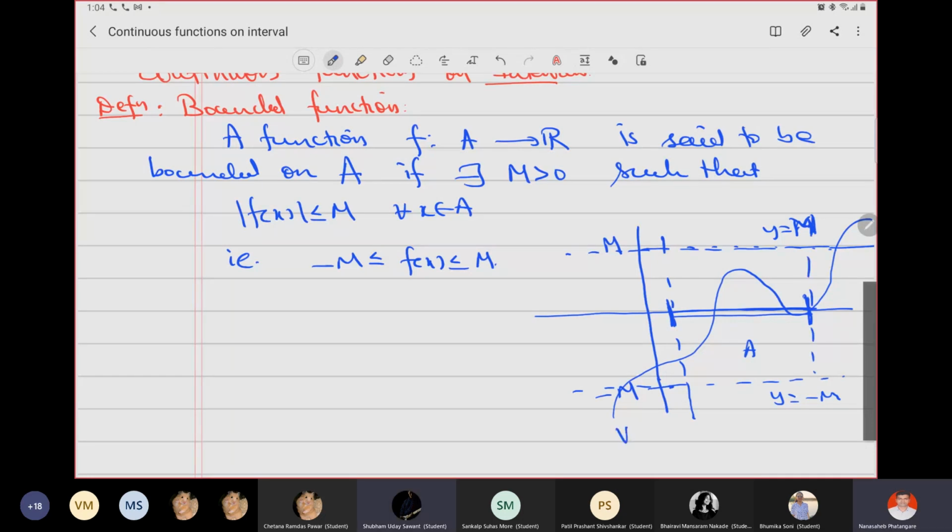Yes, sir. For every x in A, the absolute value of f of x is less than or equal to m. Outside A we are not worried, because we are interested in the domain, the set A. If you choose any x in A, the value of the function f of x lies between minus m and m. So it is bounded on A.